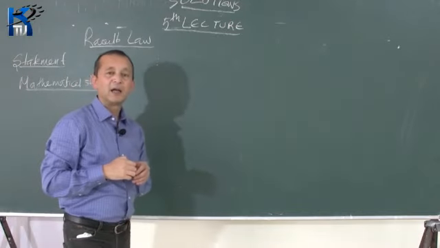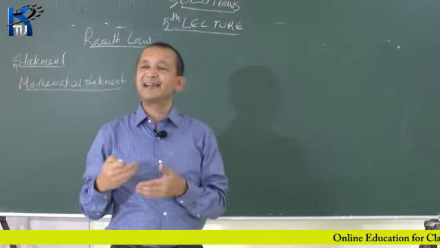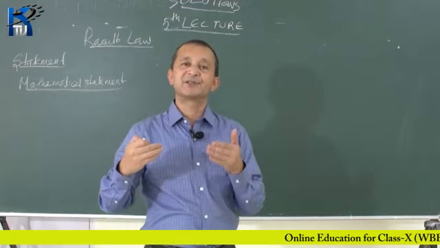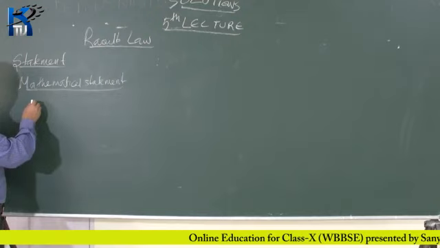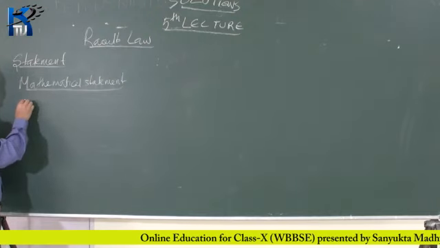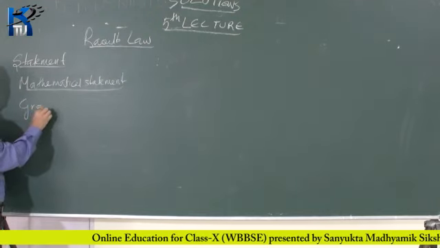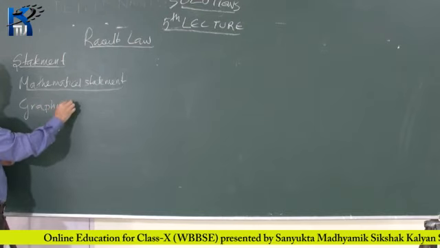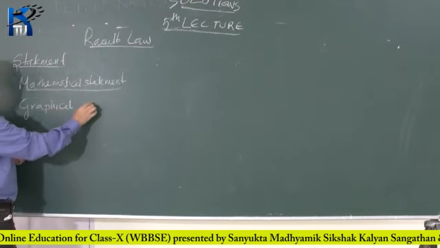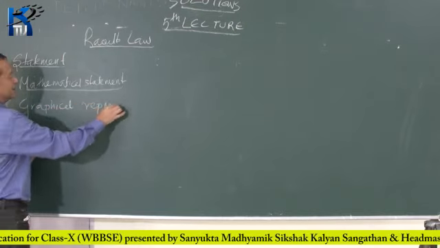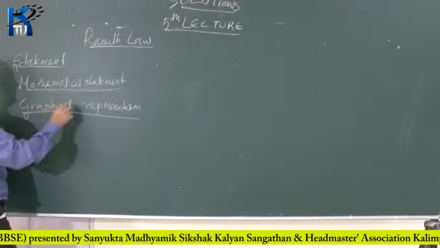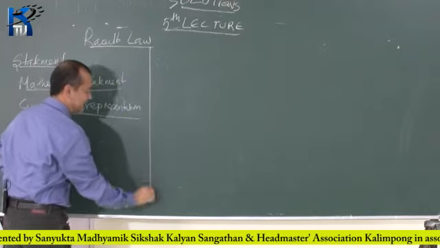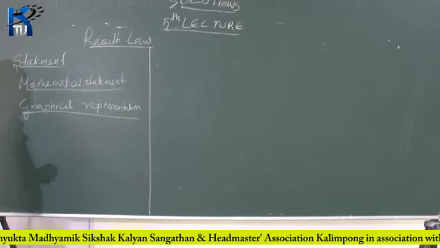After doing the statement of the law and the mathematical statement of the law, we conclude by the graphical representation of the law. So this is what we are going to do today. That is the graphical description of Raoult's law.